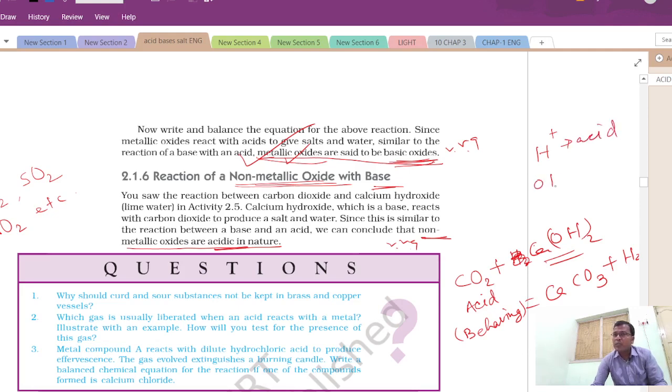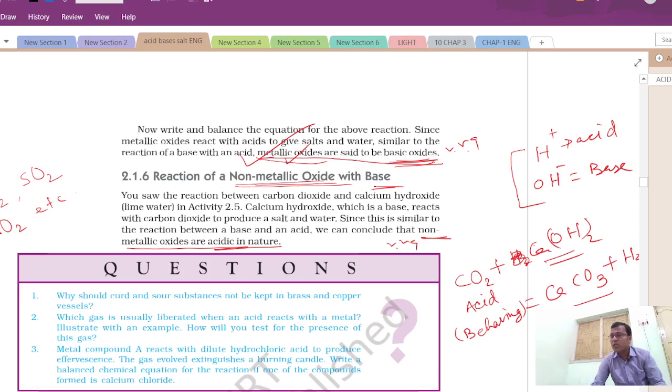If there is OH minus ion, then it is called base or alkali. And if any compound is not giving either H plus ion or OH minus ion, then it is salt. Therefore, you can see that in calcium carbonate there is no hydrogen and no chance of liberation of H plus ion. Therefore, it is not acid. You can also see that there is no OH minus ion.